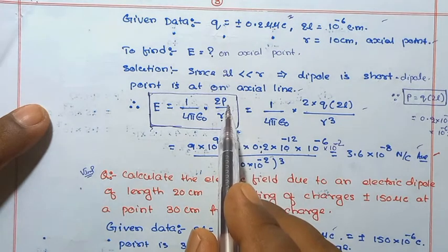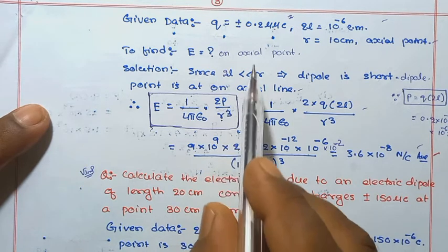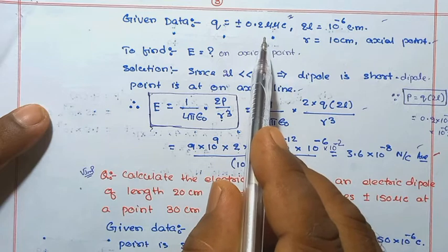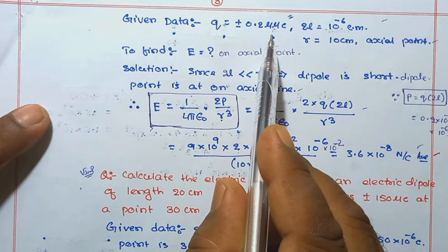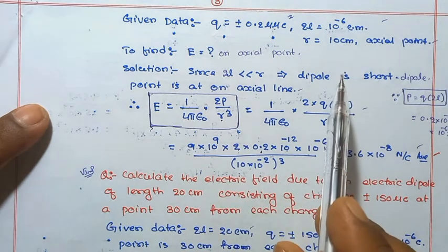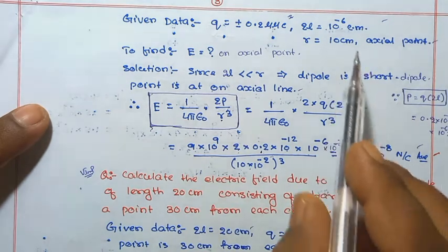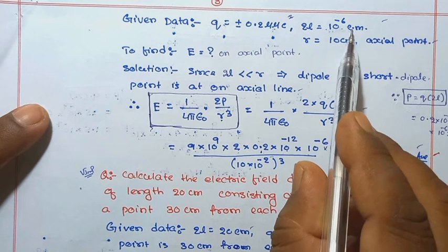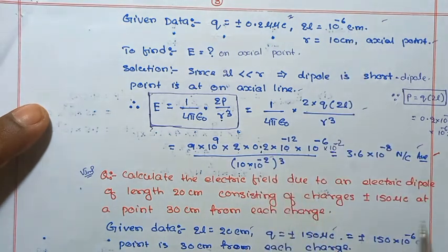Here P is the electric dipole moment. So electric dipole moment P is equal to Q times 2l. So magnitude of Q is 0.2 microcoulomb, that is 0.2 into 10 power minus 6, and the dipole length is 10 power minus 6 centimeter. We will convert it into meter, so we will multiply with 10 power minus 2 again.